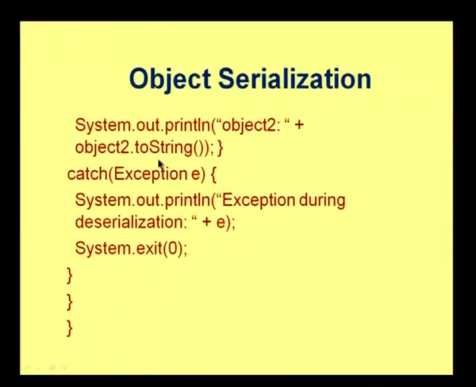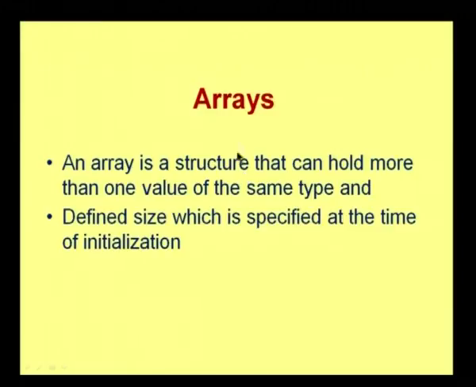Then I am calling the toString method. We have implemented the toString method in which it will print all the state of your objects. And whenever you have an exception, here an exception could be raised during your serialization process or your deserialization process.